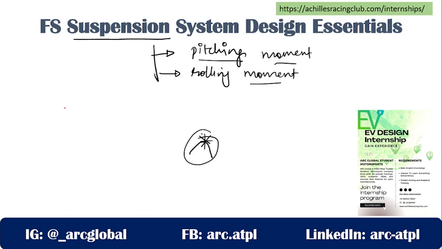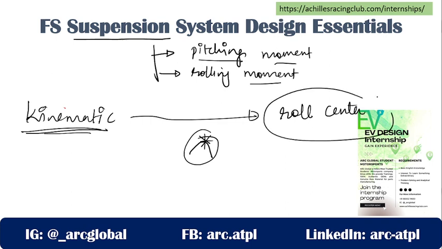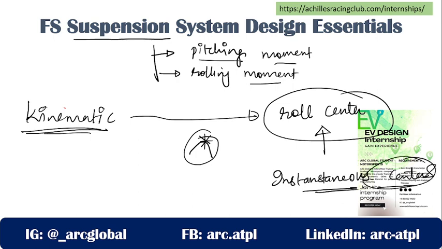So in this particular case, if I talk about the kinematic motion, I will say this is along the roll center. Each of these things is happening along the roll center, which further creates a certain set of instantaneous centers in your vehicle on the basis of motion.